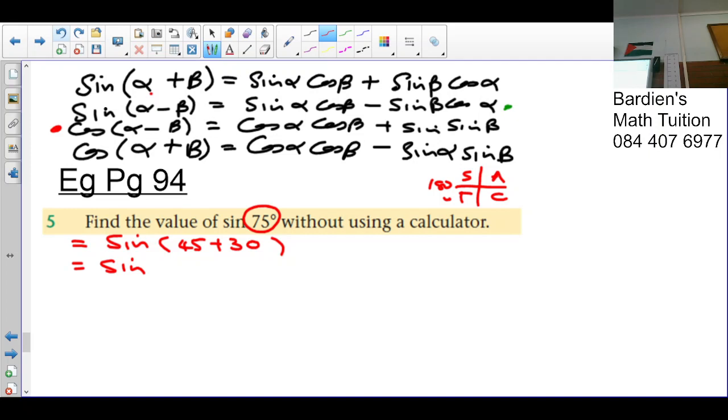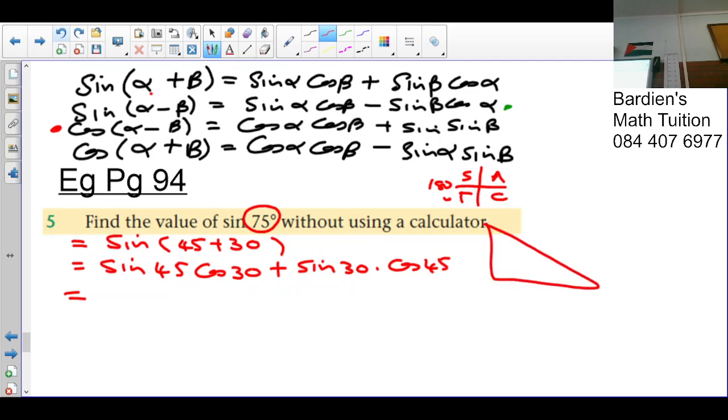So it's going to be sine alpha is 45, beta is 30, so it's cos 30, plus sine beta, so it's sine 30, cos 45. Okay, again that takes you to the special angles. So it's 45, so it's 1 over root 2. The one dealing with 30 is 1 over 2, root 3.